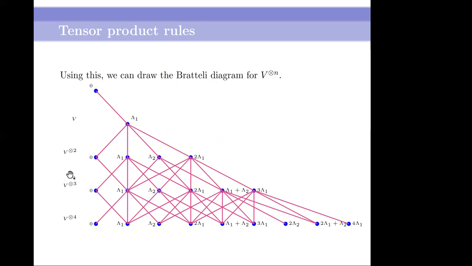You can continue decomposing; V tensor 3 will be in terms of 6, etc. Those lines between weights correspond to inclusion. For example, if V lambda tensor V includes 2 lambda 1, then there will be a line from 2 lambda 1 to lambda 2. That's how we describe the braided diagram.